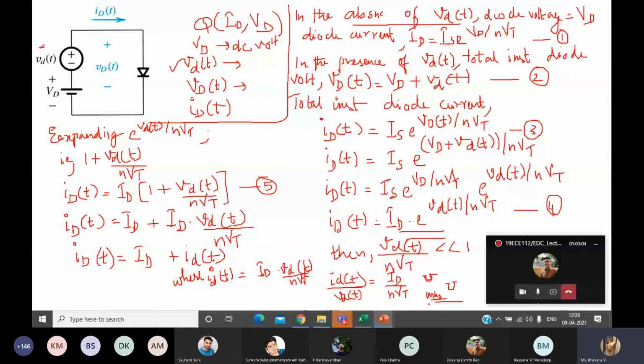Next line. In order to get the resistance, what you have to take? You have to take the reciprocal.